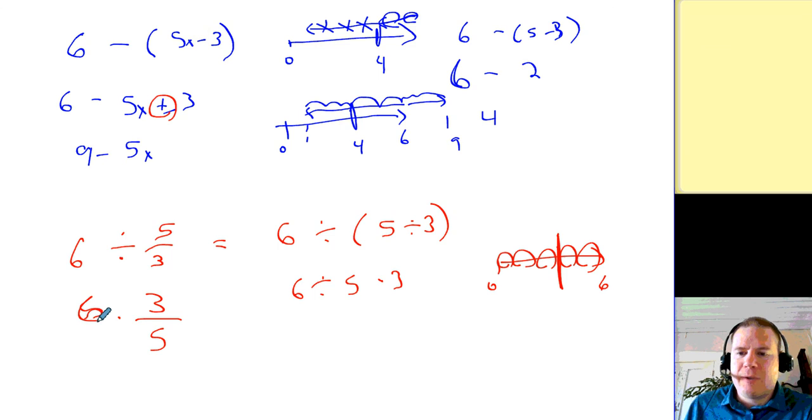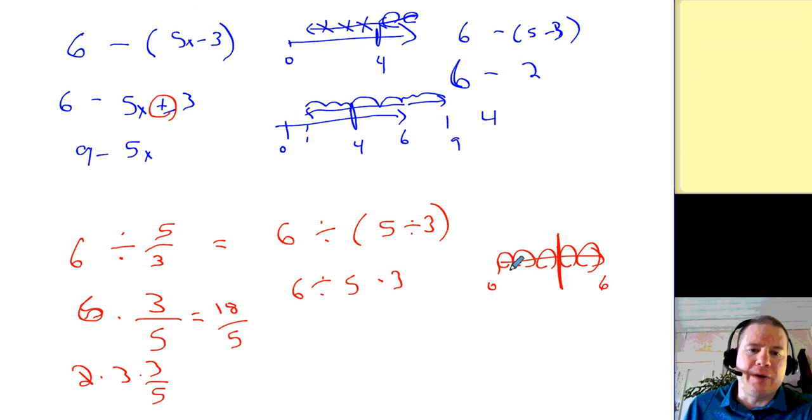How can we finish this problem out? Well, I could factor 6, but nothing cancels. I have 3 times 3, not 3 divided by 3. So 2 times 3 is 6, 6 times 3 is 18. There's 18/5.